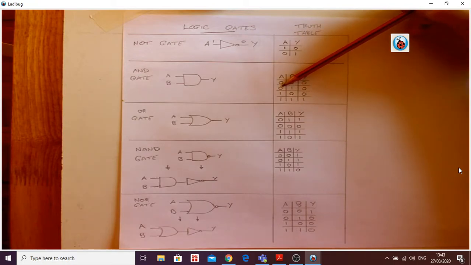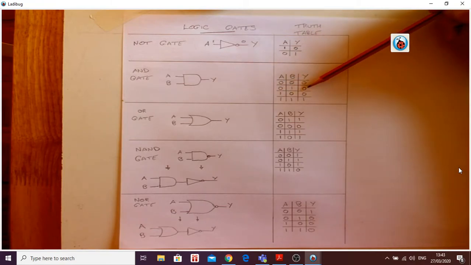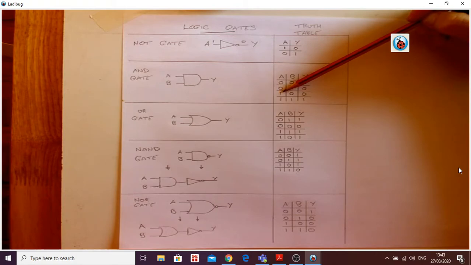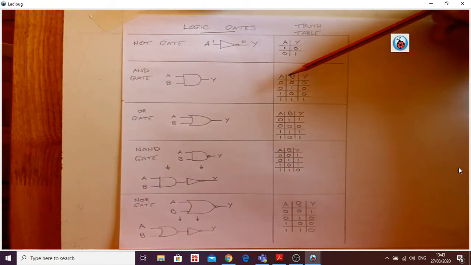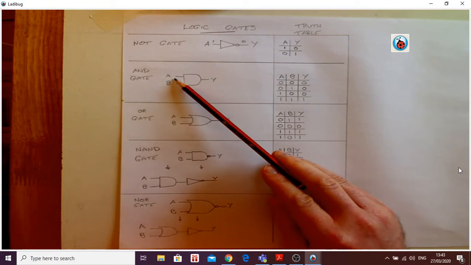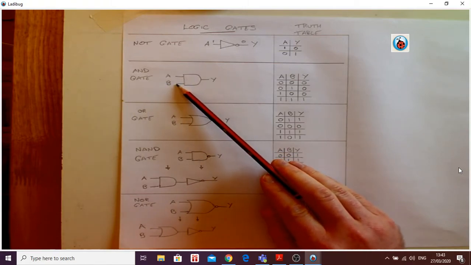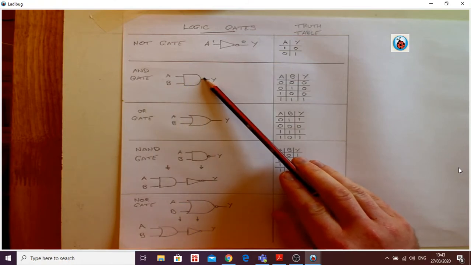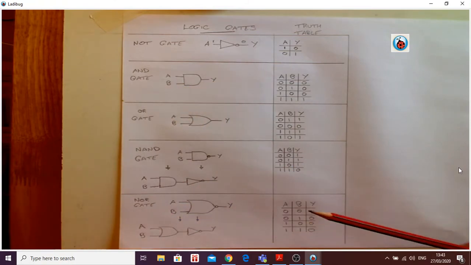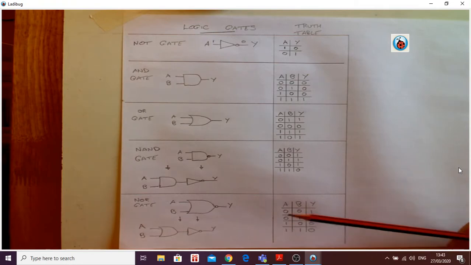If A is 0 and B is 1, the two of them aren't the same, then the output is 0. If A is 1 and B is 0, the same situation, Y is 0. The only situation where we get a 1 is when both A and B are 1 together. So that's an AND gate.